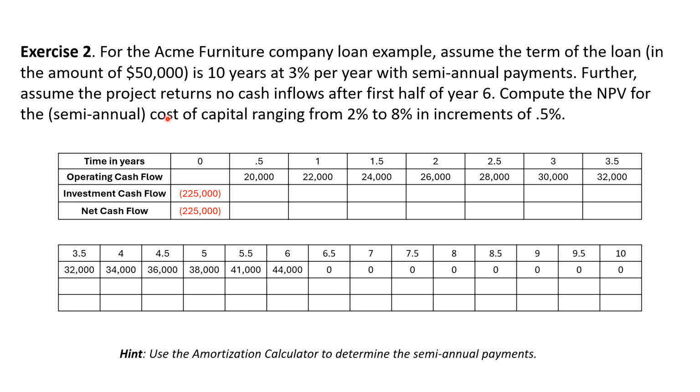Compute the NPV for the semi-annual cost of capital ranging from 2 to 8% in increments of 0.5%. Okay, so what you need to do, and I guess this is a hint, is figure out these payments over the 10 years. And it'll be the same amount, right?